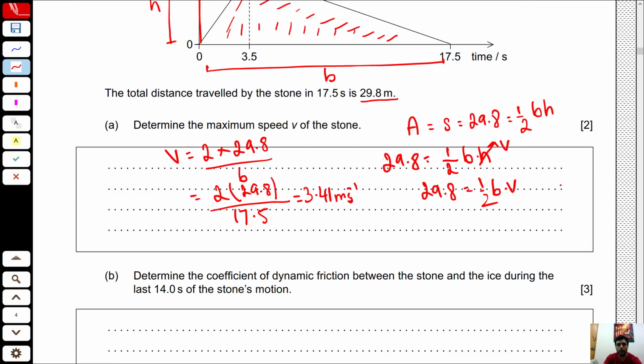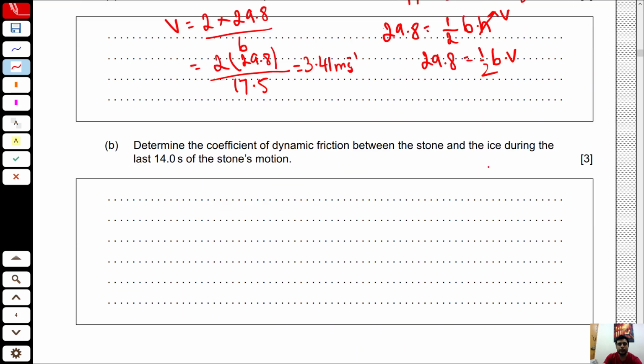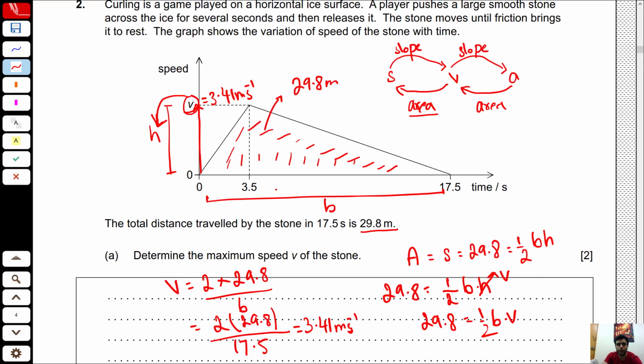Determine the coefficient of dynamic friction between the stone and the ice during the last 14 seconds of the stone motion.